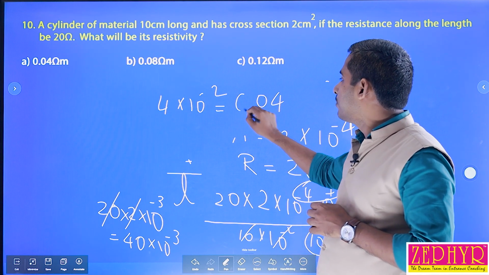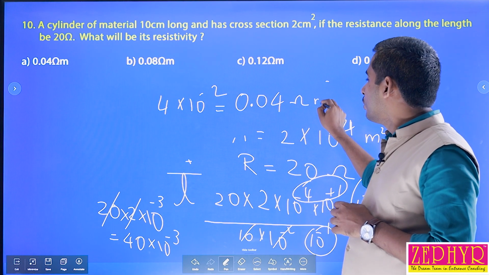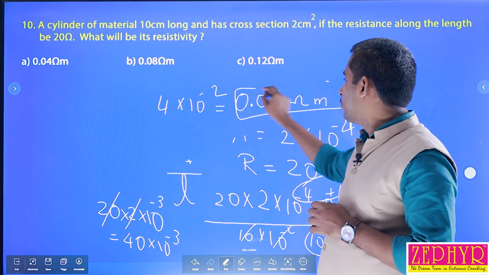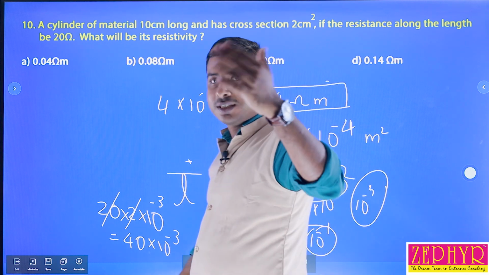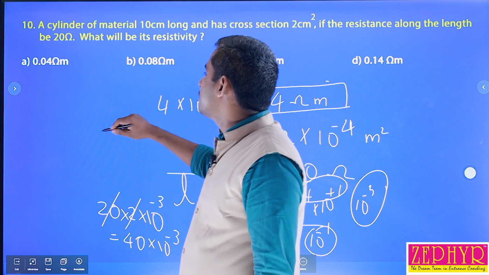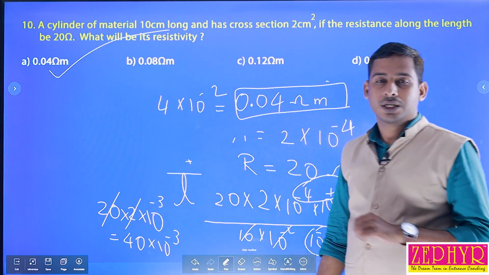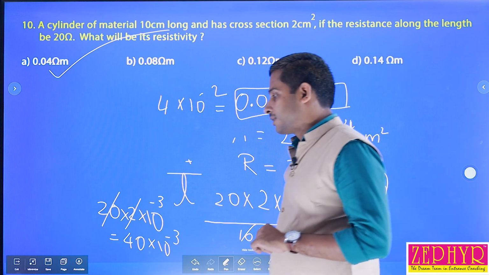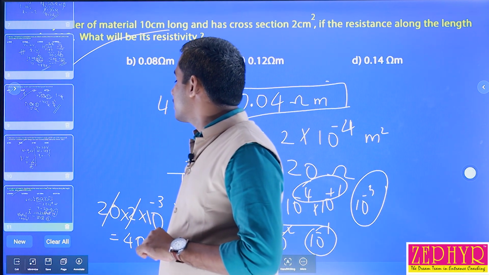So that becomes 0.04. Already we know the unit of resistivity is ohm meter. That we have already completed in our previous questions. So the answer is 0.04 ohm meter. Clear? Yes. After that, I am moving to the next question.